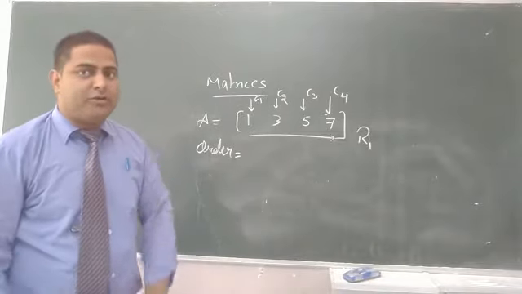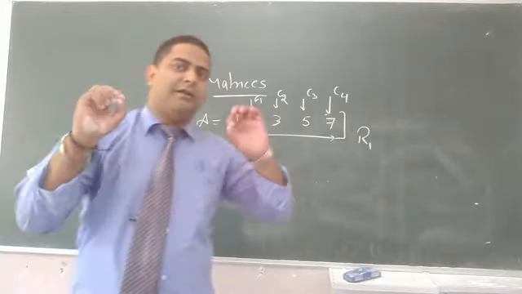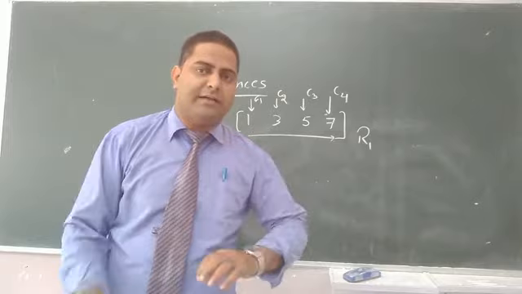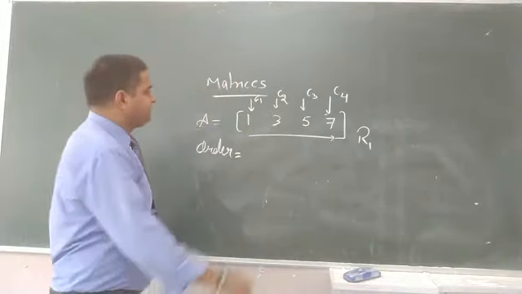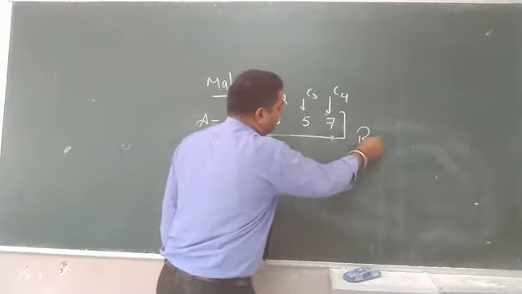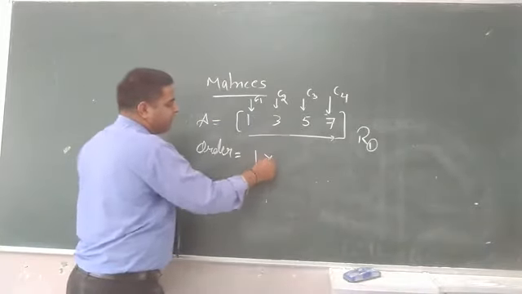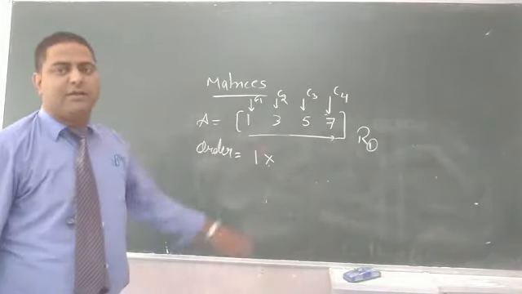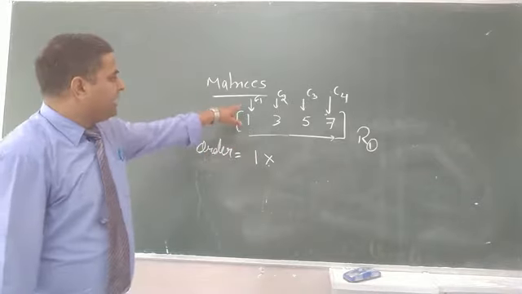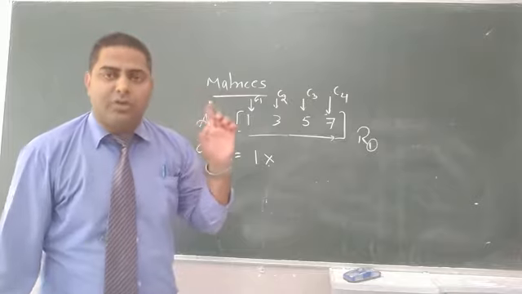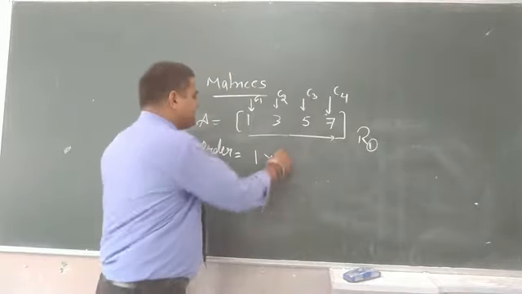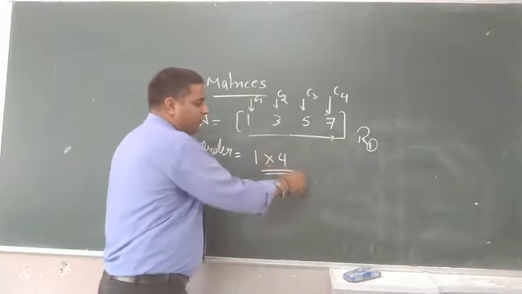So how to write the order? First we write the number of rows and then the number of columns. It has only 1 row, so 1 into how many columns? It has 1, 2, 3, 4 columns. So the order of the matrix is 1 into 4.